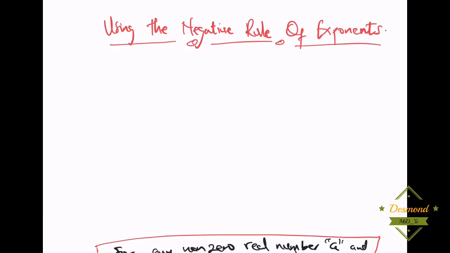In this video, I'm going to talk about the negative rule of exponent. Another useful result occurs when we relax the condition that m is greater than n in the quotient rule even further. For example, can we simplify the expression h exponent 3 on h exponent 5?